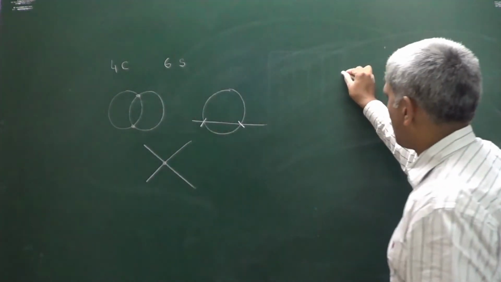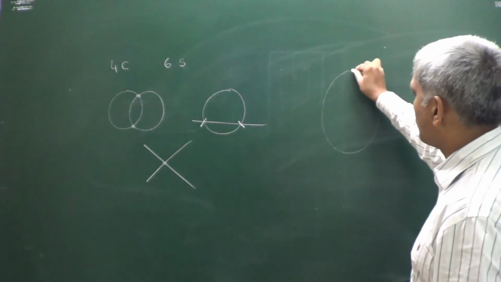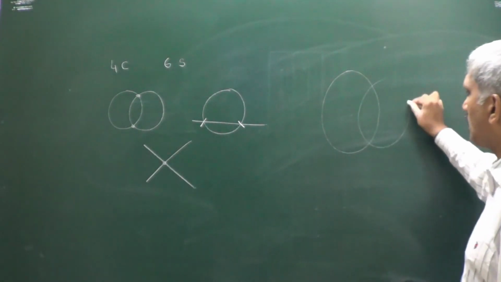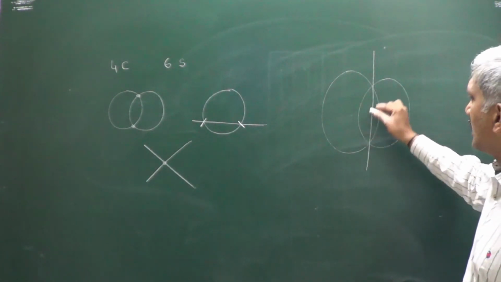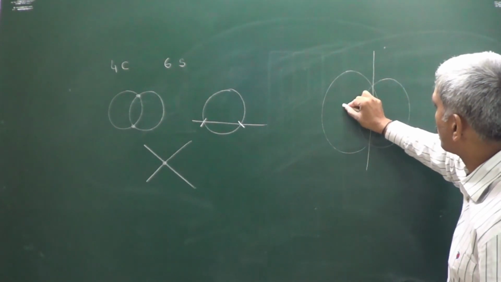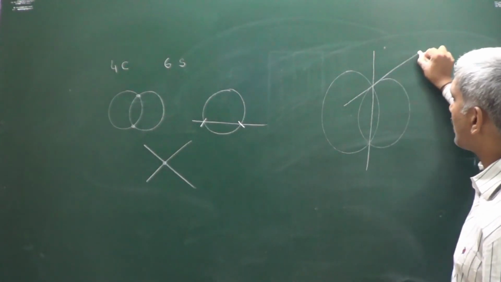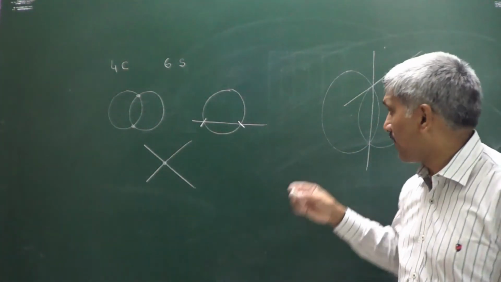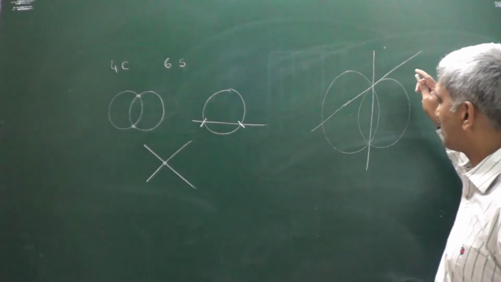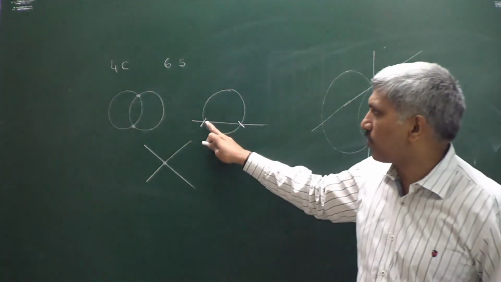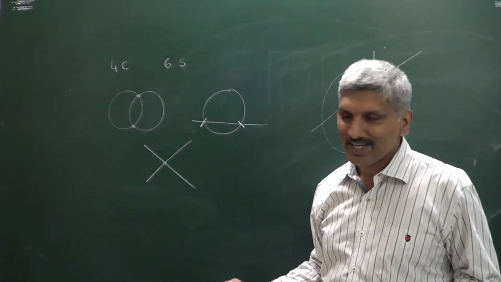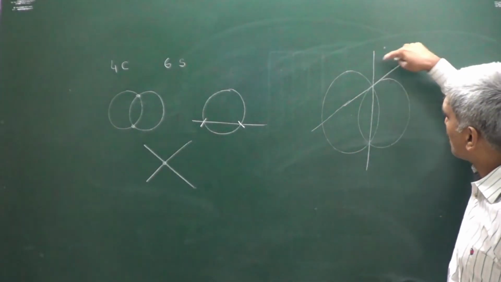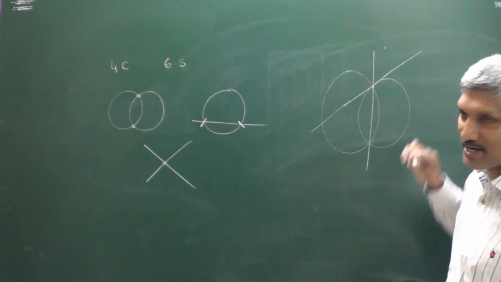Suppose you draw like this. This is a circle, this is another circle, and a line passes through this point, and another line also passes through this point. Then you won't get the maximum number of points of intersection, because these points coincide, and these 2 lines intersect at this point only.